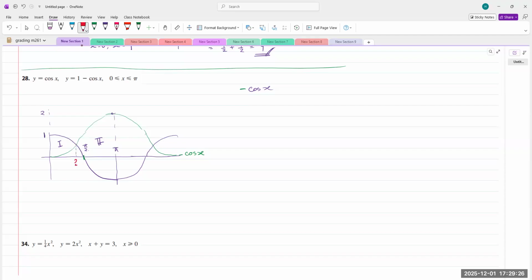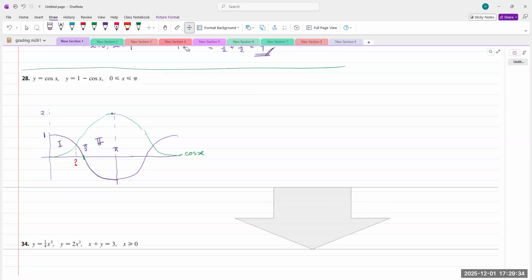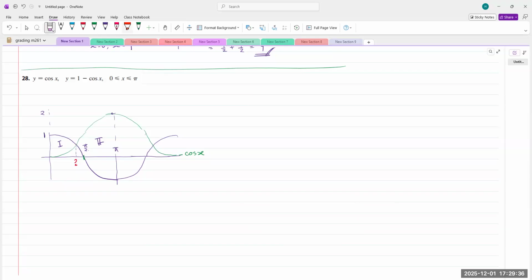Where do they intersect? Okay, so the first thing I will do is to find the intersection. Let me do it right below that. So y equals cosine x, which is also 1 minus cosine x. When I solve this, I get 2 cosine x equals 1.